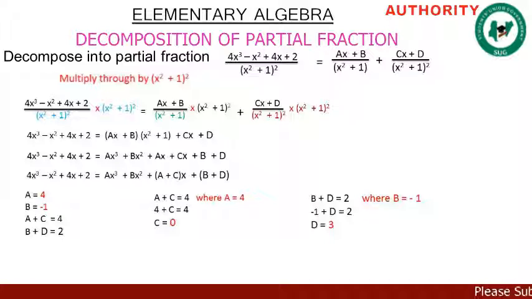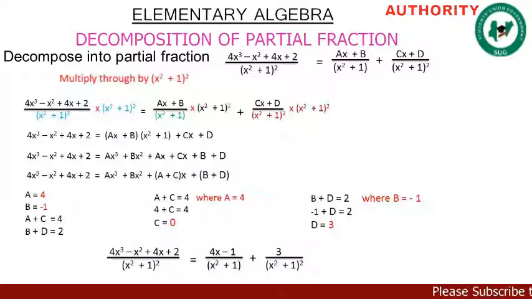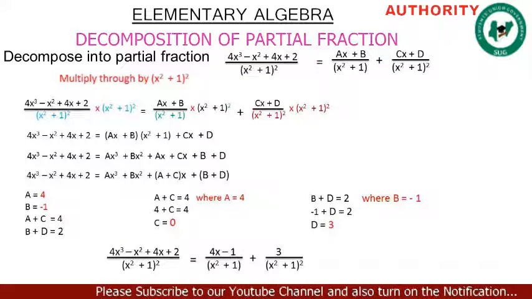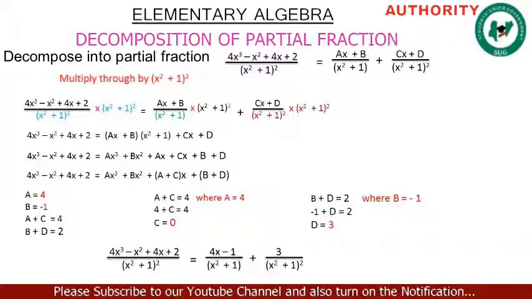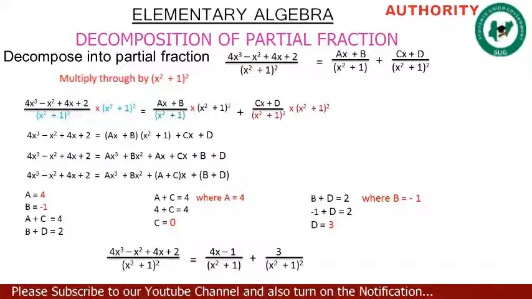Now let's replace it in our initial expression. We have 4x cubed minus x squared plus 4x plus 2 all over x squared plus 1 in bracket raised to power 2 equal to, our a is 4, so we have 4x, and our b is minus 1, so we have 4x minus 1 all over x squared plus 1.